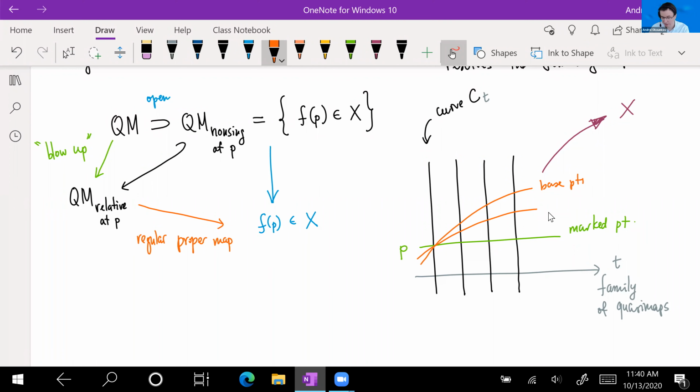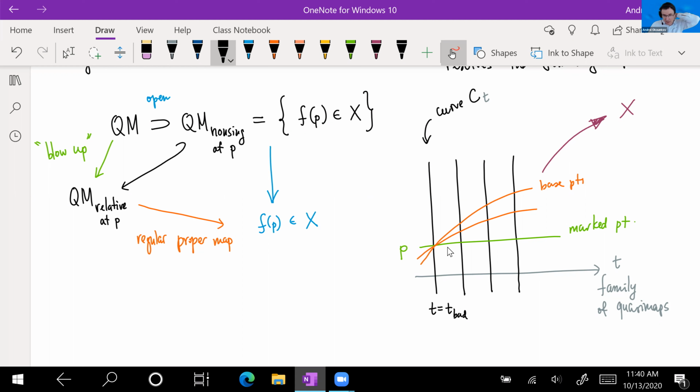Generically I can evaluate at my P fine, but at some bad time, t equal to t bad, it actually happens that the base point gets into my section P. And now what am I supposed to do?